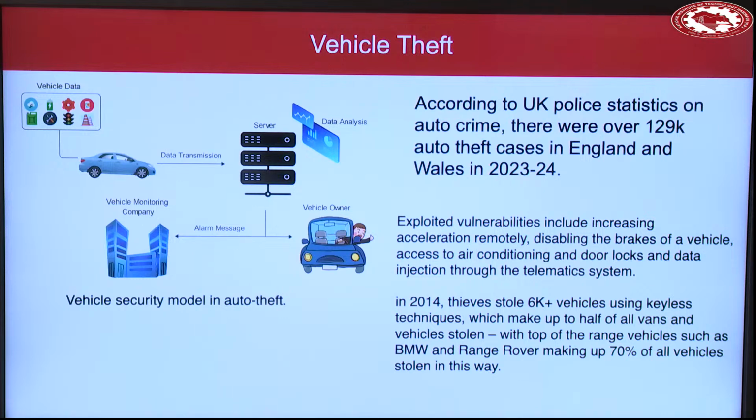Now, in terms of what happened in the UK, according to UK police statistics on auto crime, there were over 129,000 auto theft cases in England and Wales in 2023-24. When I say England and Wales, what does it mean?